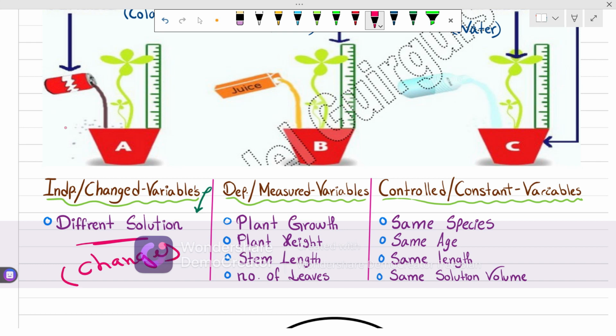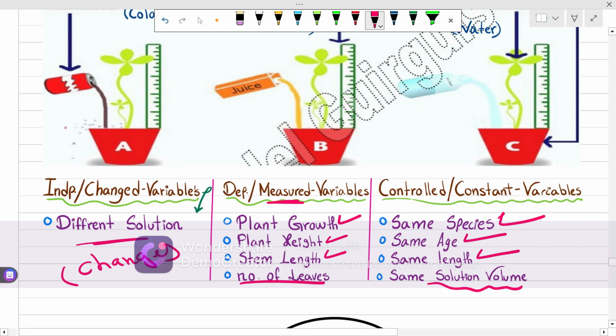The dependent variable, or something we can measure, is the plant growth, height, length, and the number of leaves. The controlled or constant variables, the variables that remain the same throughout the experiment, we cannot change them. They are the same species, same age, same length, and the same volume of solution. Of course, there are many more, but I've mentioned only the most common ones.